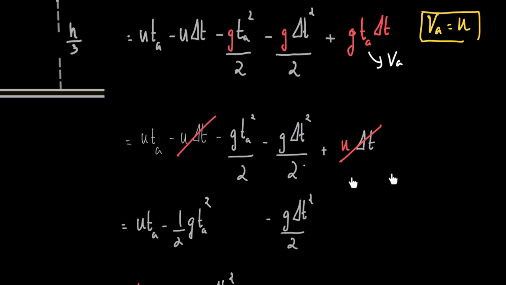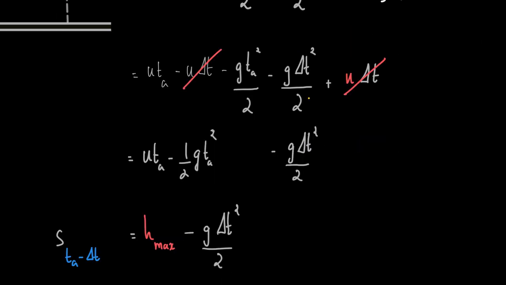The remaining terms are u t_a minus half g t_a squared by 2 minus g delta t squared by 2. Now there is something very peculiar with this equation. It is of the form ut minus half gt squared.